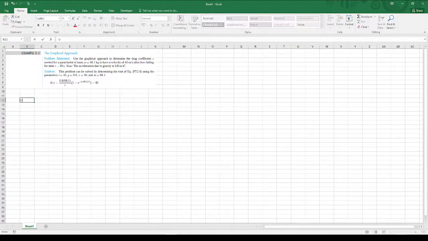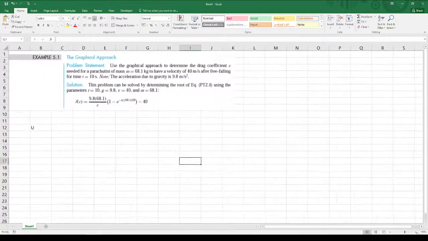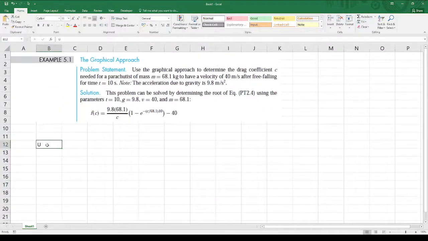Let's zoom this in so that you can see. So, the upper guess. You have the lower guess here next to the upper guess.